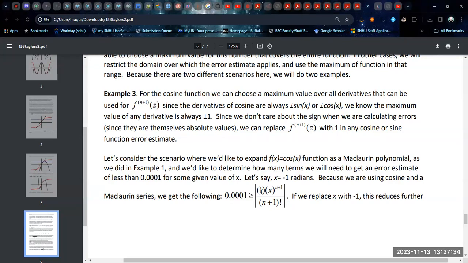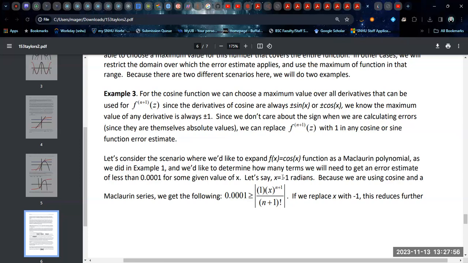But you would have a value here, and you're trying to estimate how many terms you need, what n is, to get the desired error that you want. So you're going to have to choose a point where you're estimating it.